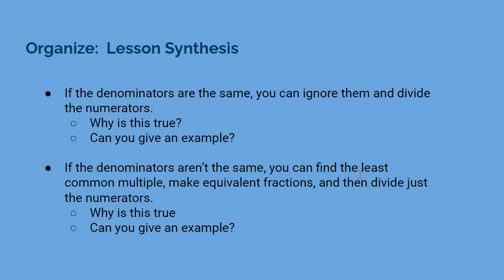If the denominators aren't the same, we can find the least common multiple, make equivalent fractions, and then divide just the numerators. Why is this true? It's the exact same reason that the previous one was true. If we've already got them cut up into the same types of groups, then all we're doing is just putting them together to make them work out.